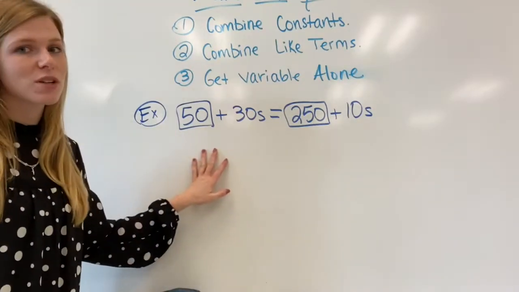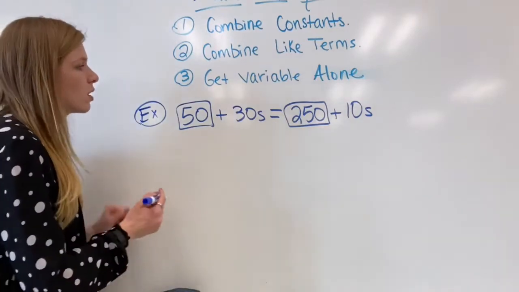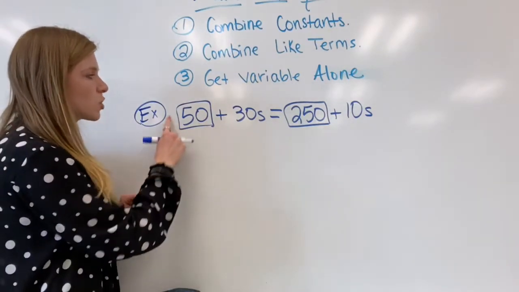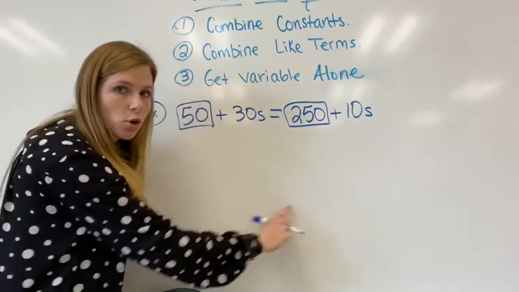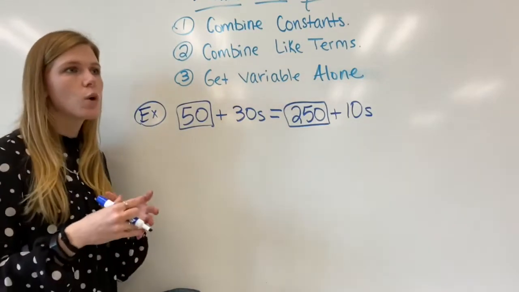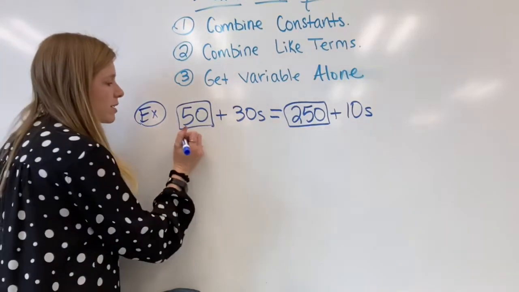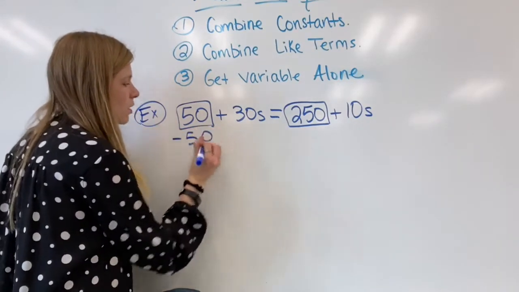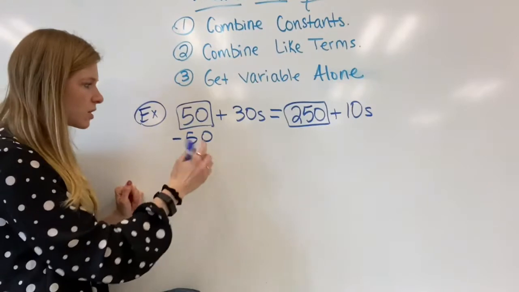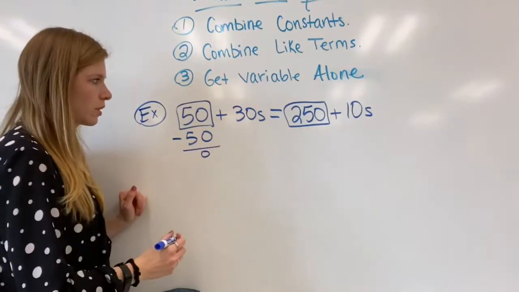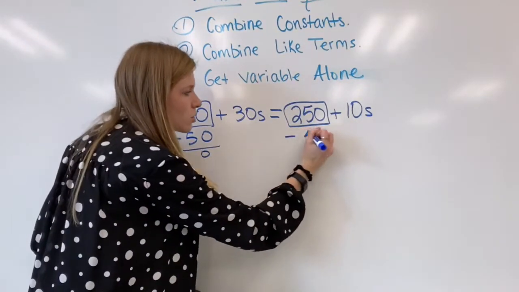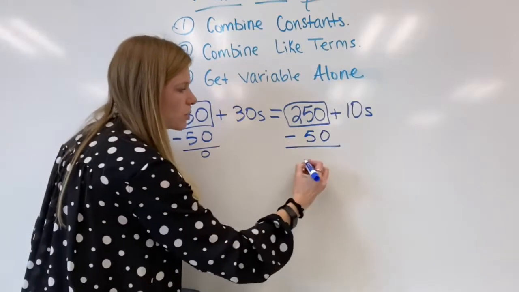Moving the 50 is going to be easier. So let's start with that. So since it's a positive 50, in order to move it to the other side, I need to do what's opposite of a positive 50, and that would be minus 50. 50 minus 50 gives me 0. Now I need to do it to the other side, which gives me 200.